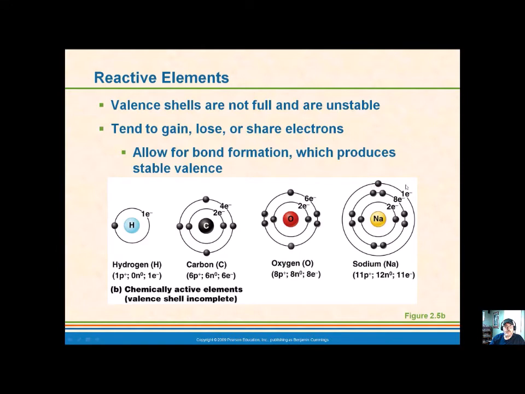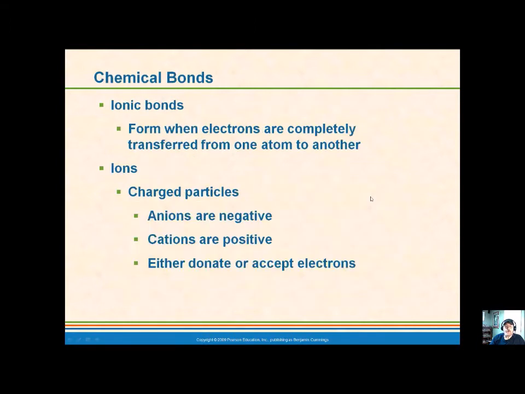Sodium would give that up, and now it's got fewer electrons than it has protons, so it's going to have a slight charge. Ionic bonds occur when you either give up or take away an electron, and then there is a slight magnetic charge that draws the things together.